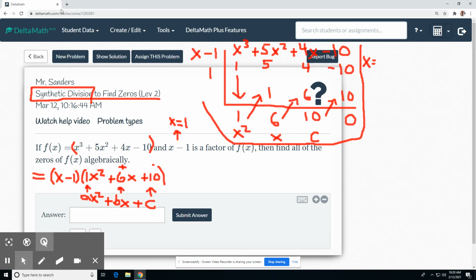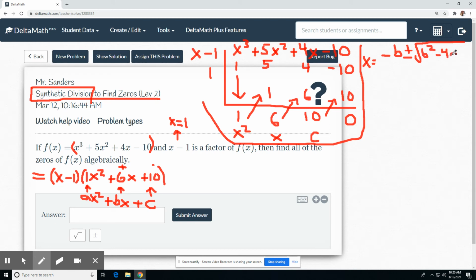What's happening to your math teacher? Brain is getting fried. B squared minus 4ac, no, that's the discriminant. Negative b, I forget. Darn it, I forgot. Negative b plus or minus the square root of b squared minus 4ac all over 2a.